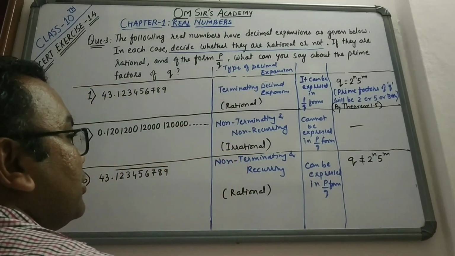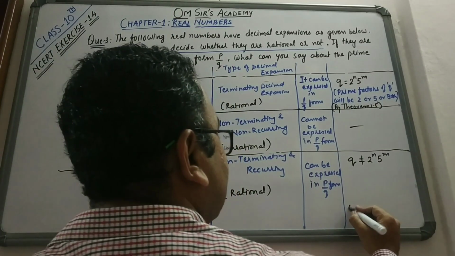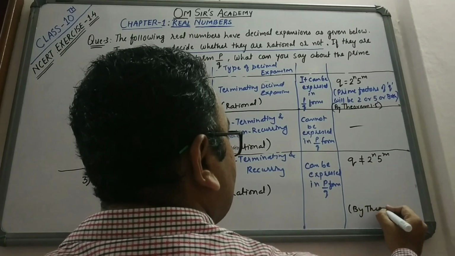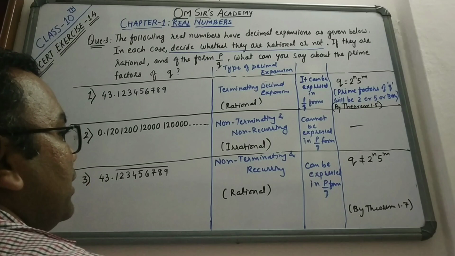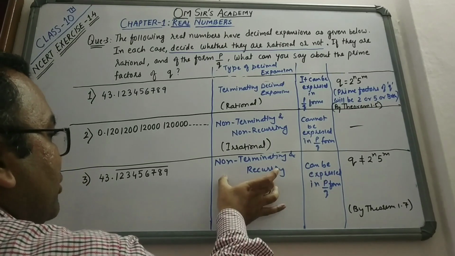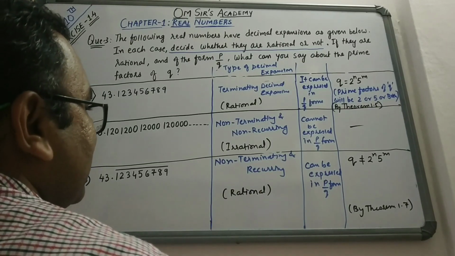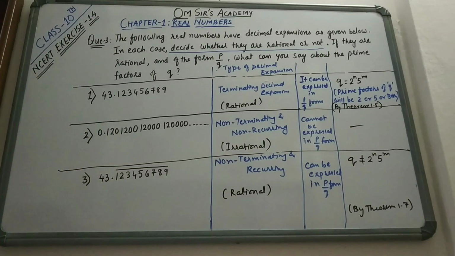Okay, by which theorem? Theorem number 1.7. By theorem 1.7 we can prove that whenever there is a non-terminating and recurring decimal expansion, Q will not be equal to 2 raised to n and 5 raised to m.